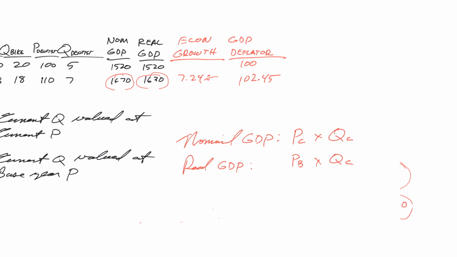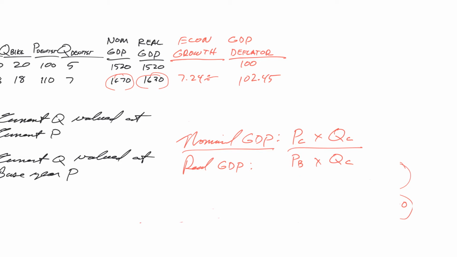So when we divide nominal GDP by real GDP, notice that output is the same in our number. This is what's changing. The prices are changing.